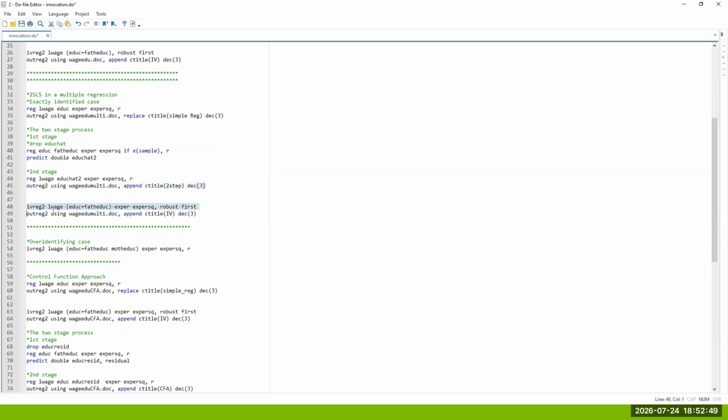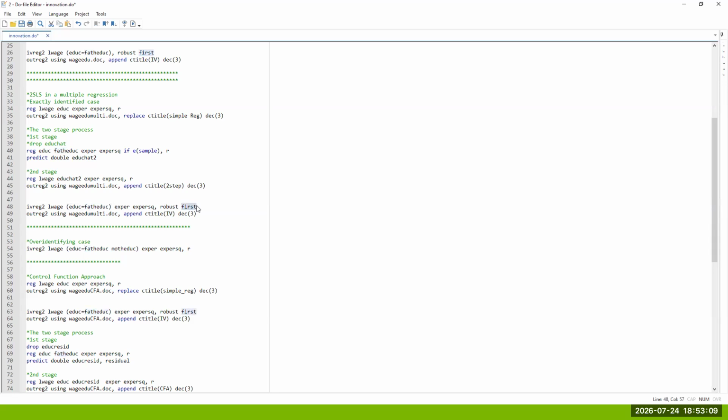Then this is a typical ivreg2 command where you have wage, you have the education being influenced by the father's education, you have experience, the square term of experience, and your robust plus your first stage.